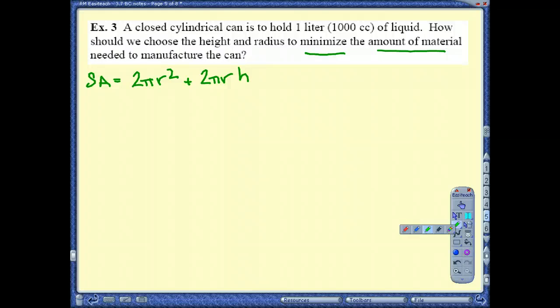The other information they talk about is the volume. That volume, pi r squared h, is meant to get one of these variables solved for. Because as it is right now, I can't minimize or maximize it if I have r's and h's. So this little equation here is to solve for one of them. I know that I have 1,000 cubic centimeters. I'm either going to solve for r or I'm going to solve for h.